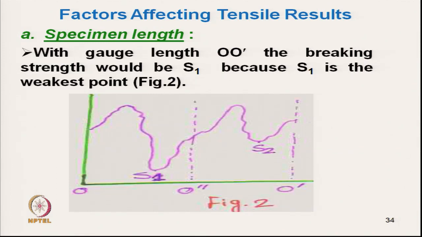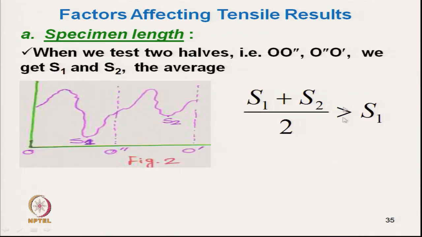But if we take the total length of yarn, then the yarn strength will be S1, which is less than the mean yarn strength with the 2 segments. So, if we take these 2 segments, it will be higher. It shows that S1 plus S2 by 2 is always higher than S1.